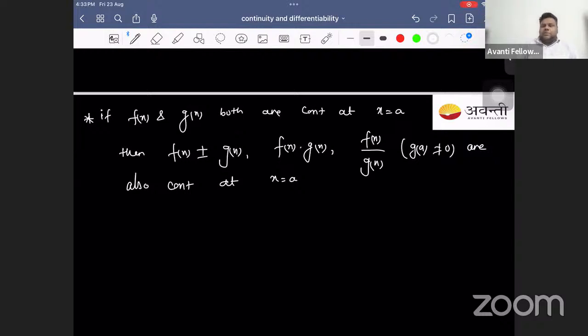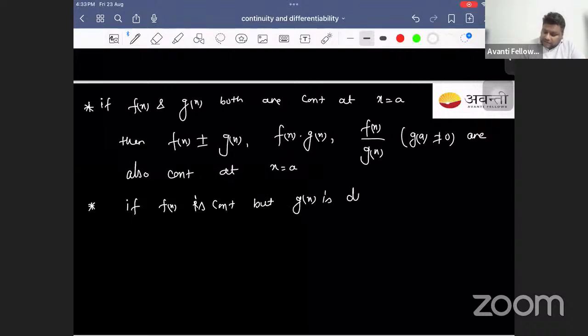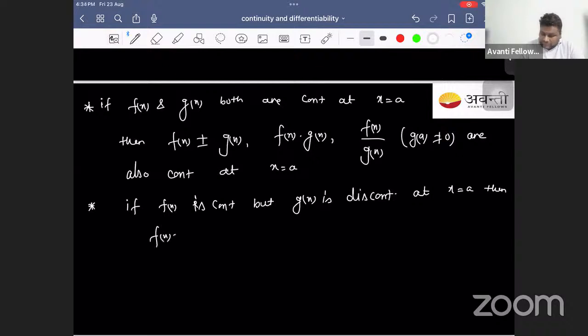So if f(x) and g(x) both are continuous at x equal to a, then f(x) plus minus g(x), f(x) into g(x) and f(x) upon g(x) are also continuous at x equal to a. Second point: if f(x) is continuous but g(x) is discontinuous at x equals a, then f(x) plus minus g(x) is definitely discontinuous.